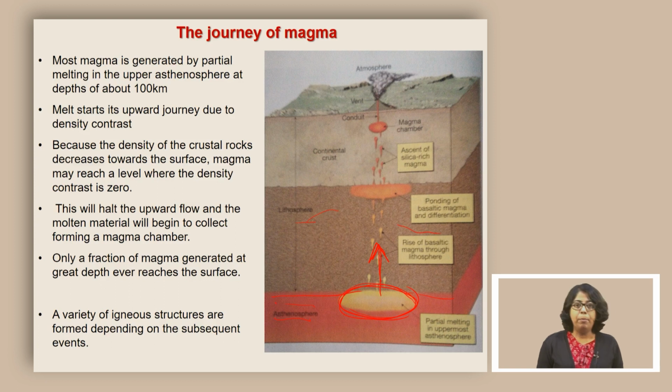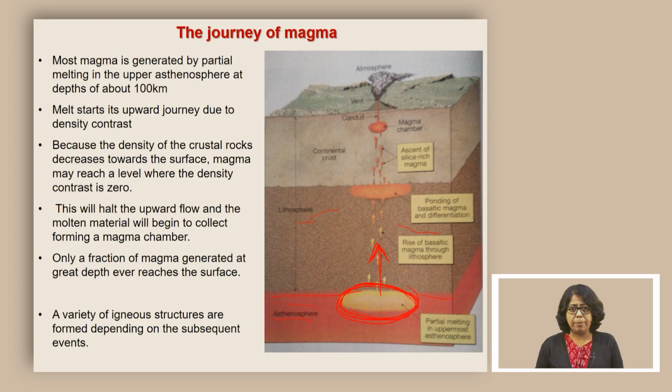So, there would be a point in the magma's upward journey where they are going to eventually encounter a situation where their density is pretty similar to the density of the surrounding rock. In that situation, they are going to stop, they are not going to move upward, and that is what we mean by a density contrast of 0.